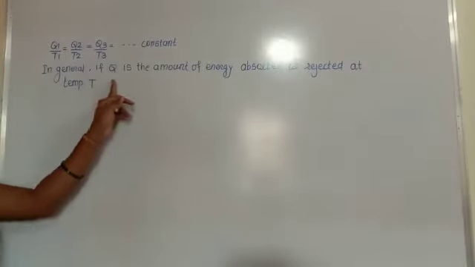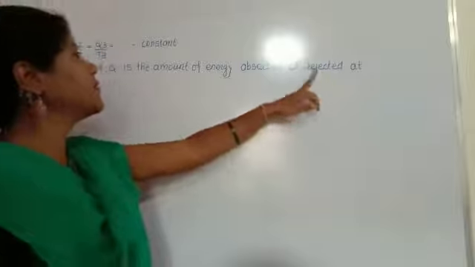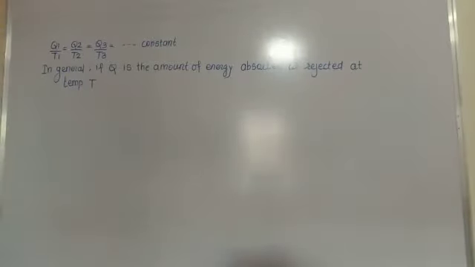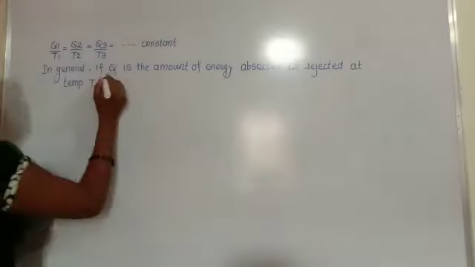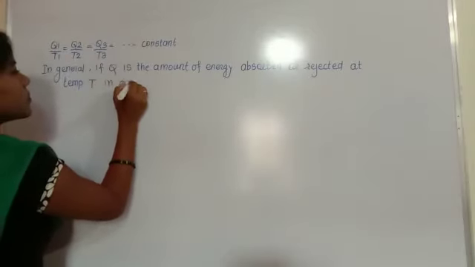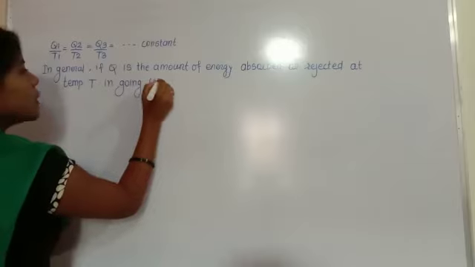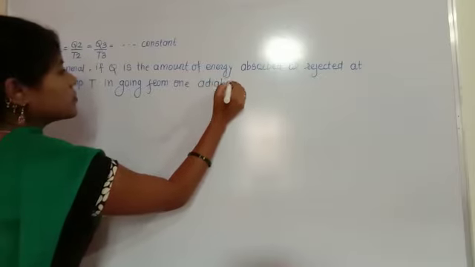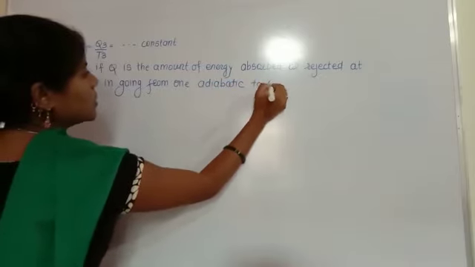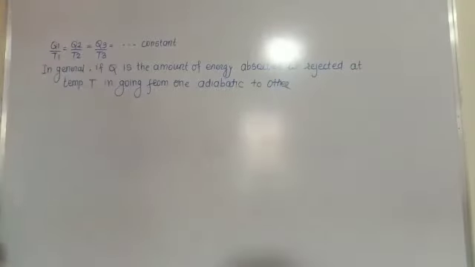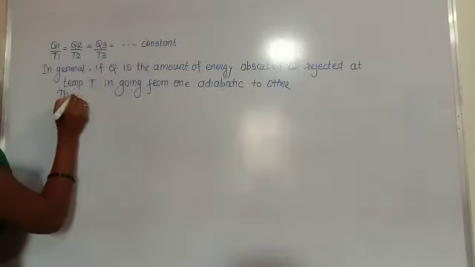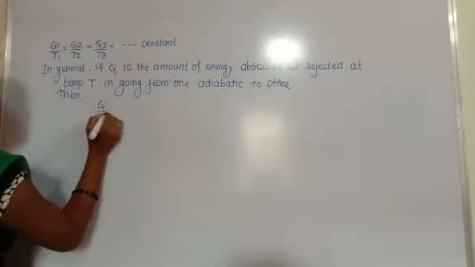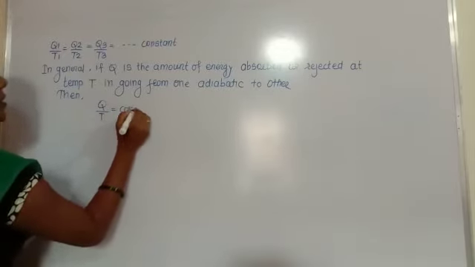So in general, if Q is the amount of energy absorbed or rejected at temperature T in going from one adiabatic to the other, then we can write Q by T is equal to constant.